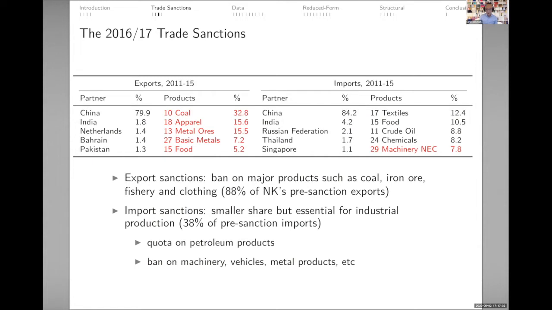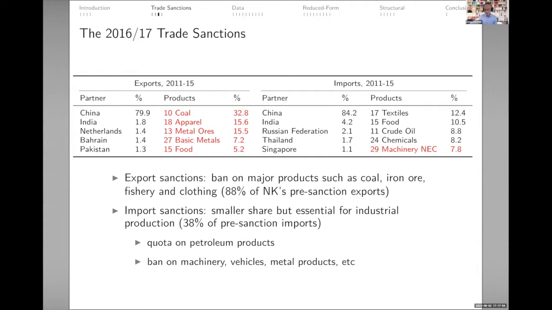You can also see that North Korea's major trading partner was China, followed by India and the Netherlands. Regarding imports, it's definitely a smaller share. The UN didn't sanction some of the important sectors that North Korea was relying on, but it still totals about 38% of the pre-sanction value of North Korean imports.